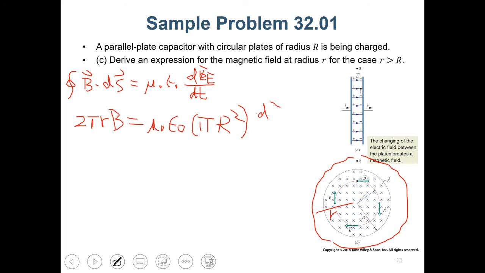So dE/dt, because there is no E field outside.